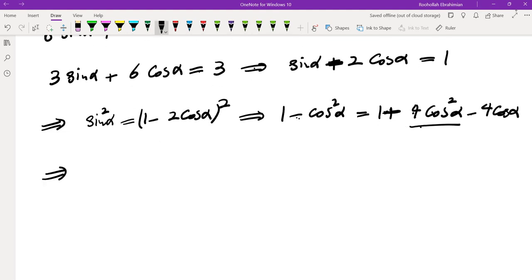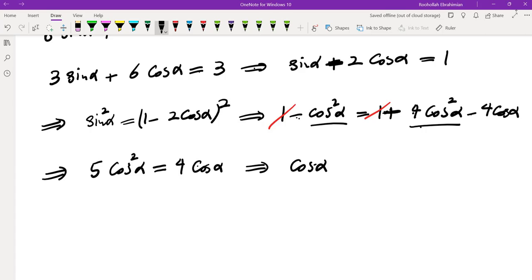So this would be 5 cosine squared of alpha. Ones cancel from both sides. That is equal to 4 cosine of alpha. So this gives us two possibilities. Either cosine of alpha is 0 or cosine of alpha is 4/5.